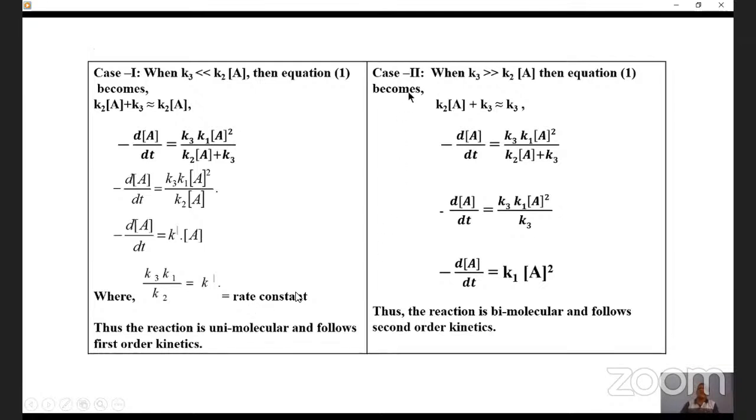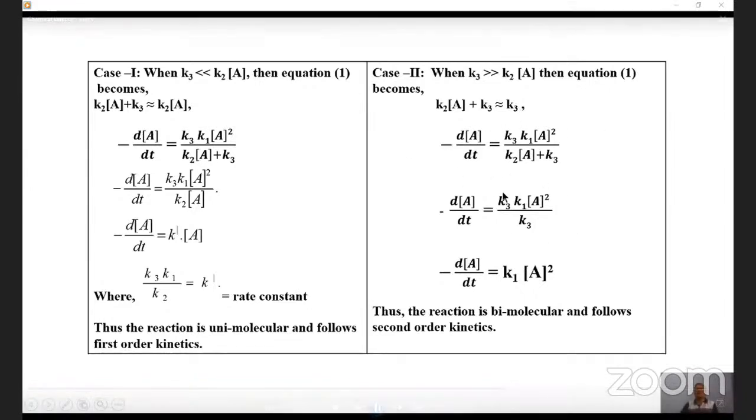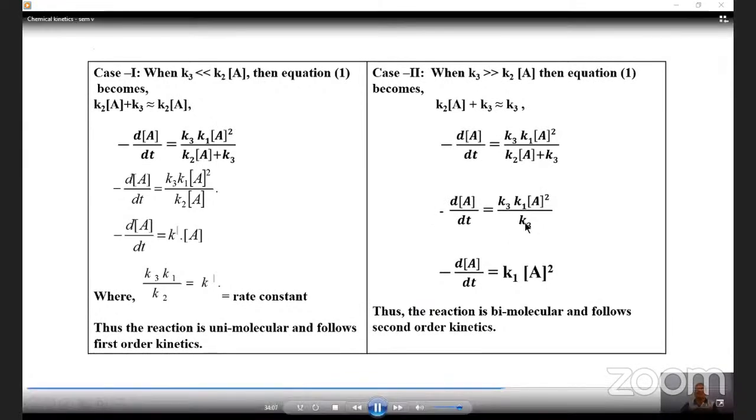Let us think of case second. When K3 is greater than K2A, this means that the rate of decomposition is greater than the rate of deactivation. Under this condition, the denominator of equation number 1, K2A plus K3, is approximately equal to K3. Let us substitute this condition in equation number 1, so we will get this equation. We can cancel out K3 and K3 from numerator and denominator, and we will get this final equation.